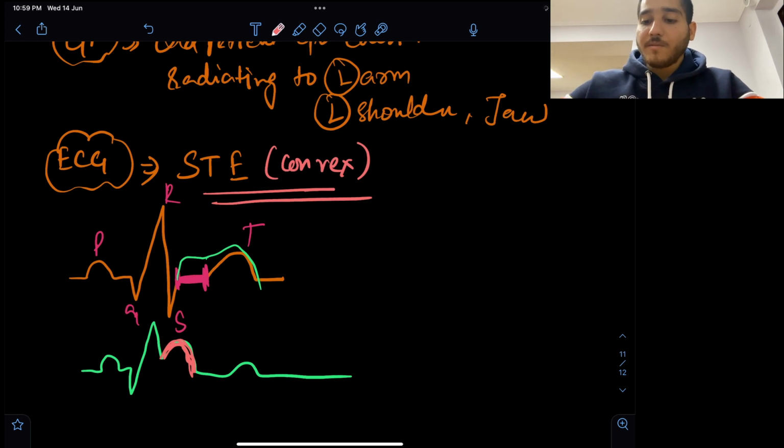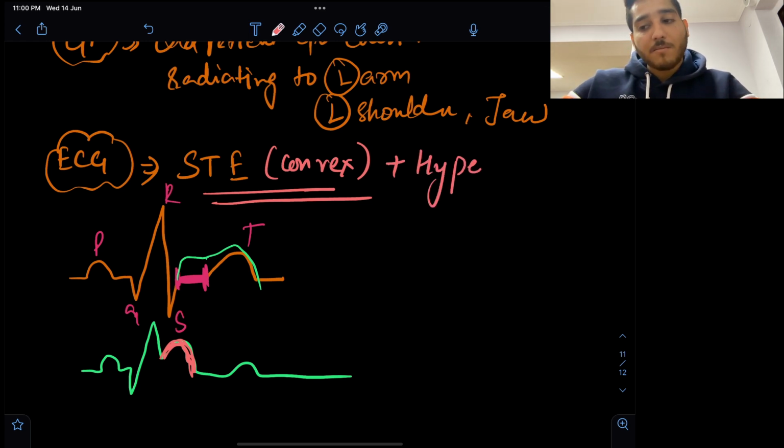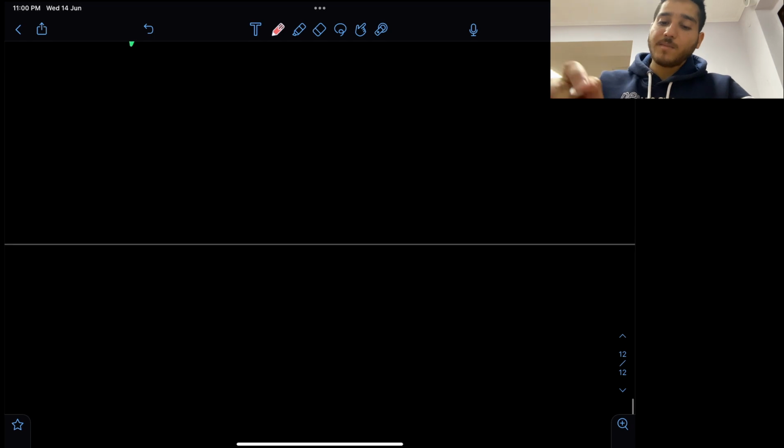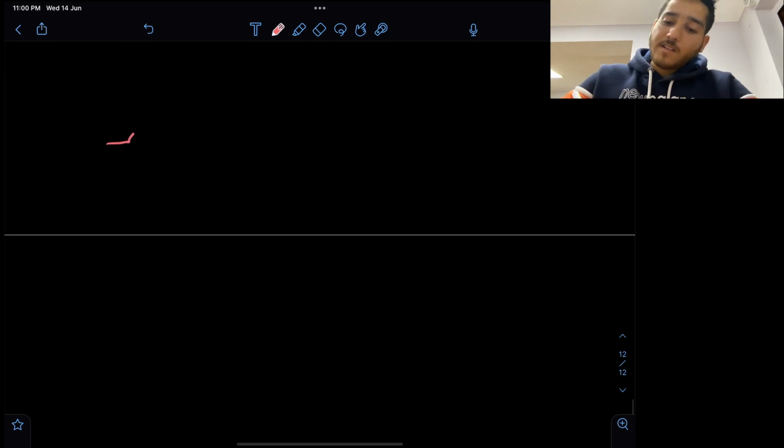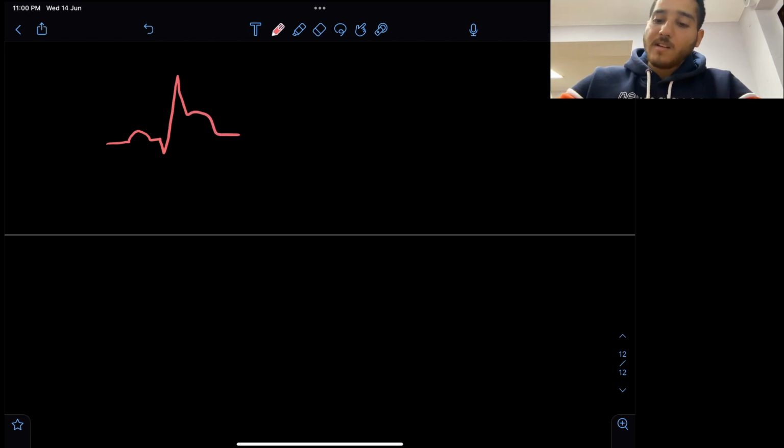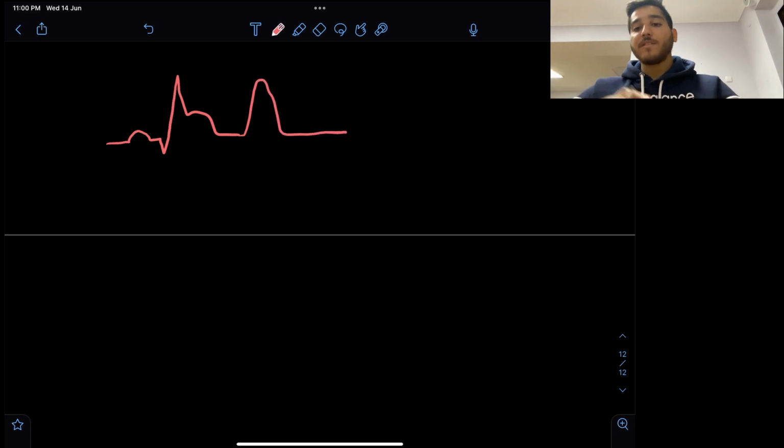With ST segment elevation, there can be hyperacute T waves also. I'll make an ECG here. Hyperacute T waves look like this. They are different from what we get in hyperkalemia.